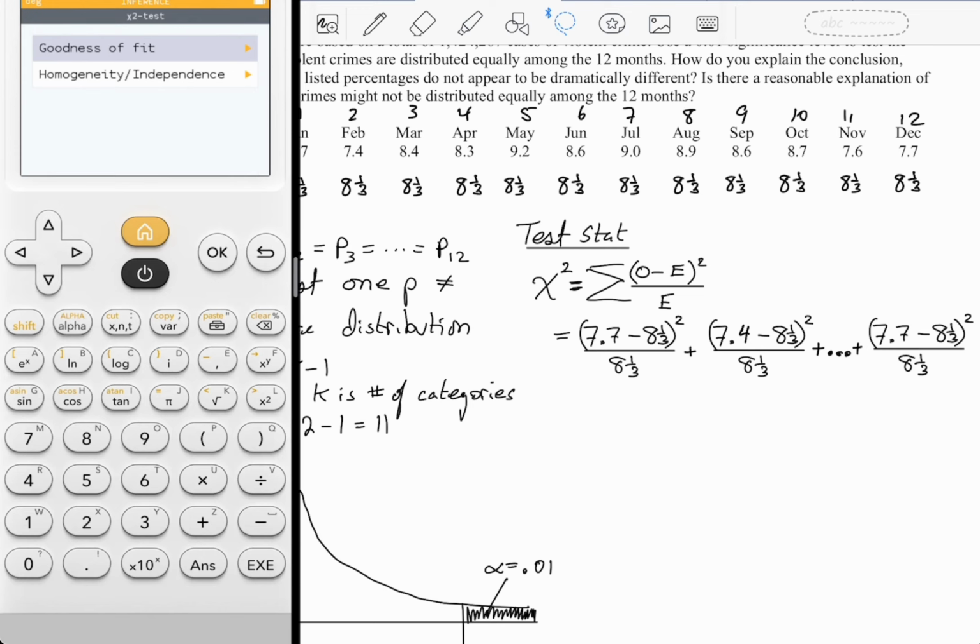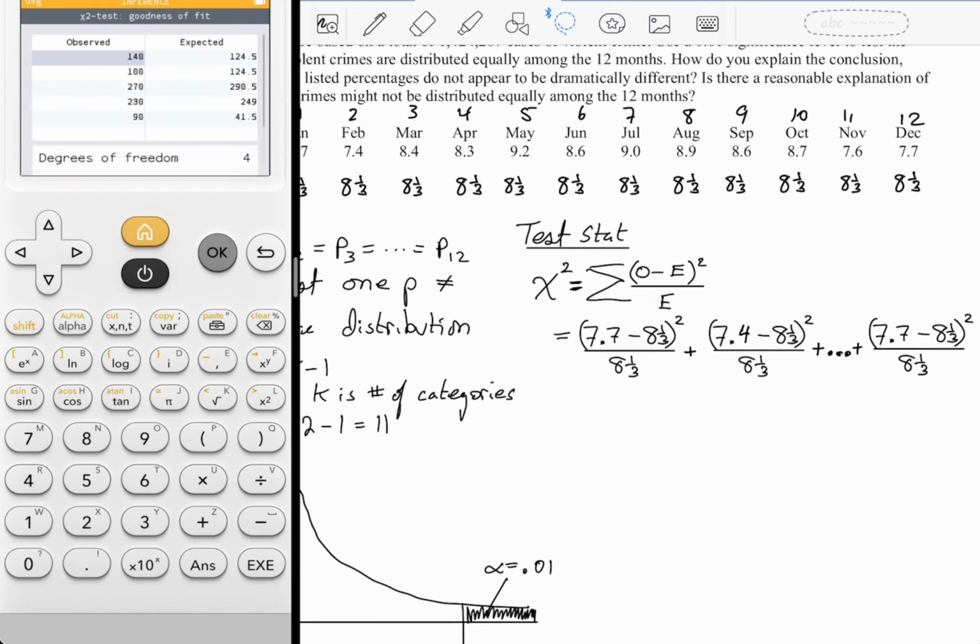The first option is goodness of fit. So we're trying to determine whether the array of data that we have is going to be a good fit for a uniform distribution. So if it is, then we can assume, since the uniform distribution has equal probabilities, that our sampling distribution has roughly equal values, which corresponds to the population level.